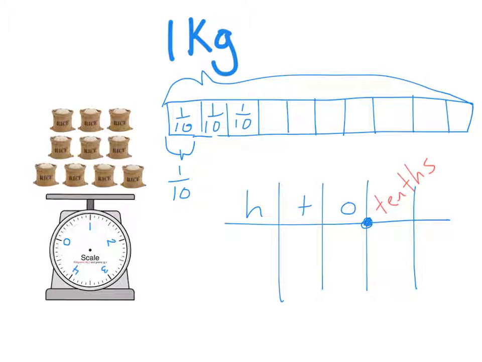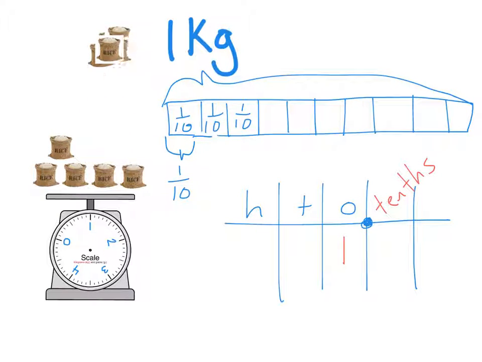So this whole sack of rice, if we were to write it on the place value chart, would just be 1 kilogram. It'd go into the ones place because it's 1 whole. But if we were to take all these sacks of rice off and leave only this, then our measurement would change.